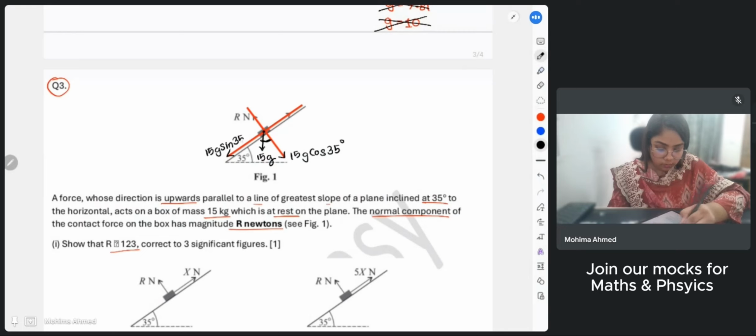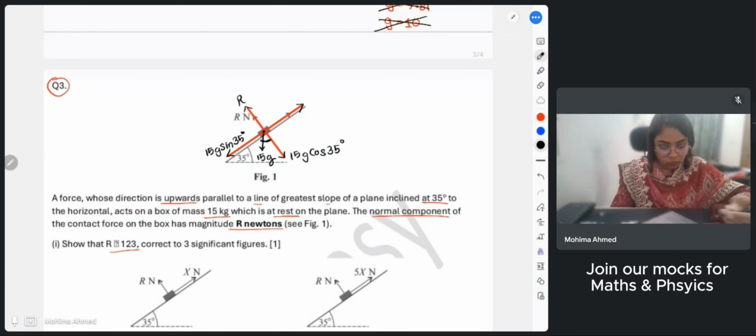Above that, we obviously have this value R, and there was a force over here, right? A force whose direction is upward, parallel to the line of greatest slope. Yeah, there was a value for force. Now we are not sure what the value for force was, but there was something.